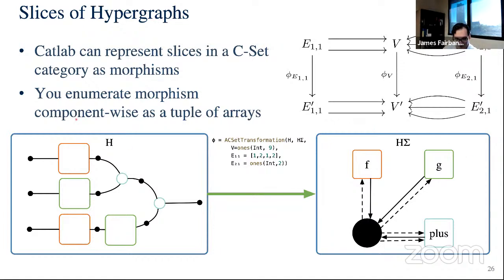So this is how you represent CSet morphisms in this monoidal signature, and then slices are elements of this schema.